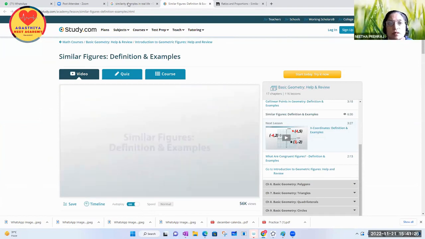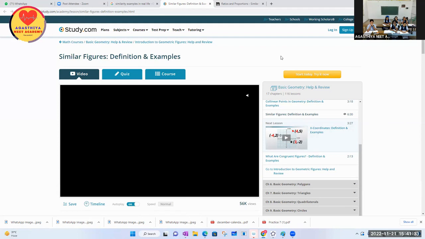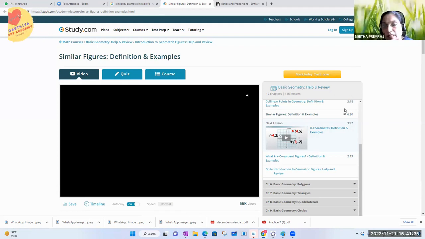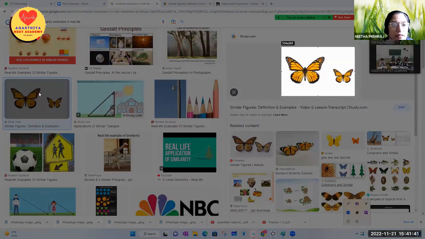So this is called similarity. The figures exactly match, but the sizes are different, isn't it? They are different in size. So this kind of figures is an example for similarity.